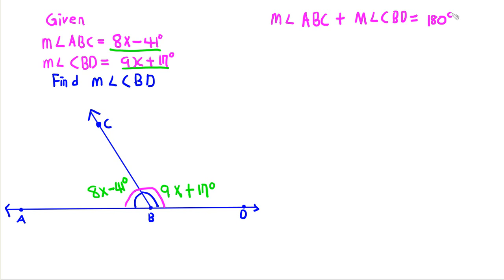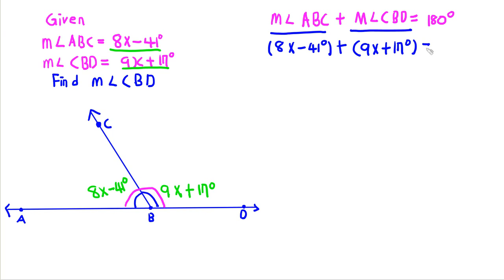So we know the measure of angle ABC is equal to 8x minus 41 degrees, plus the measure of angle CBD, which is equal to 9x plus 17 degrees, and that will give us 180 degrees.